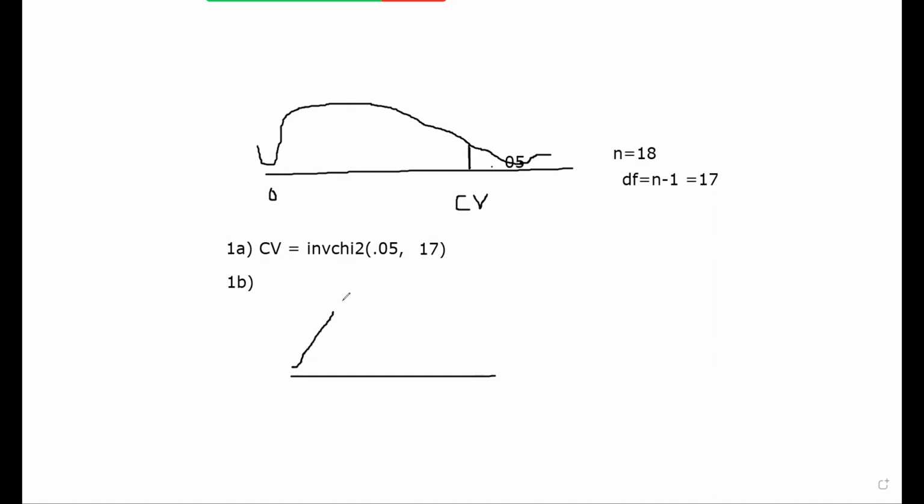In this case, it's a left tail test, so it's over here. This area here, we know, is 0.10. So alpha is 0.10, and we know that n is 23.